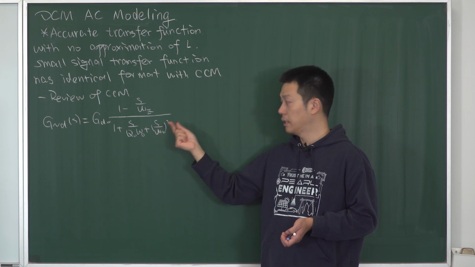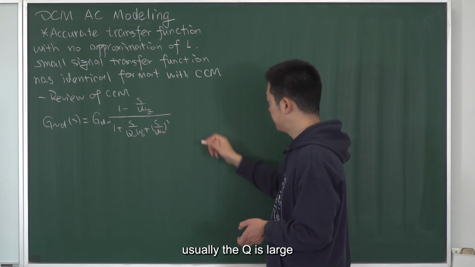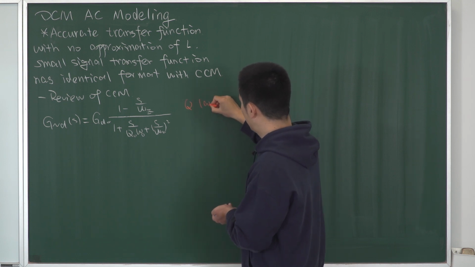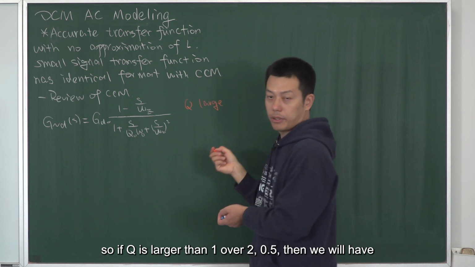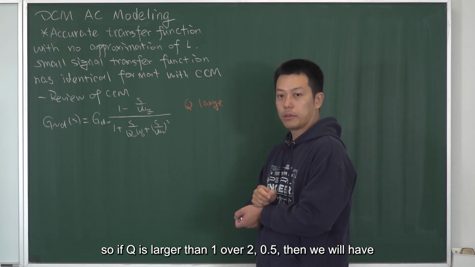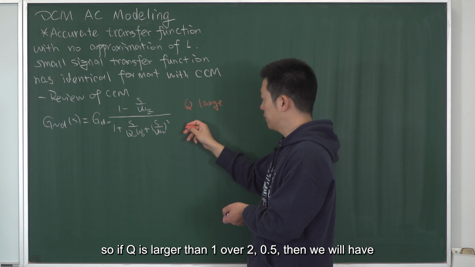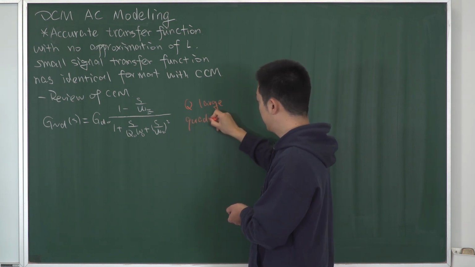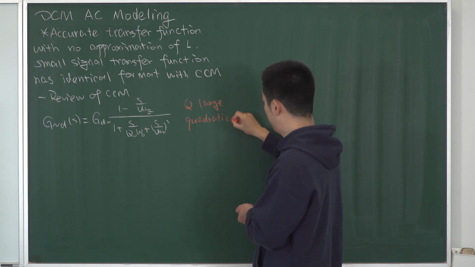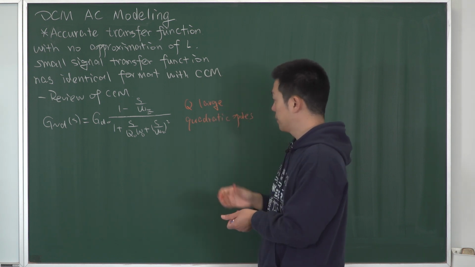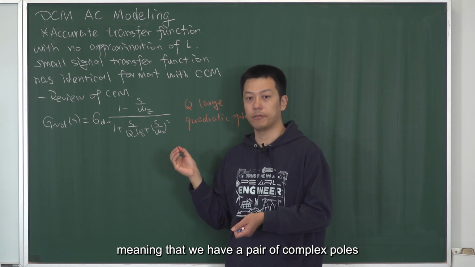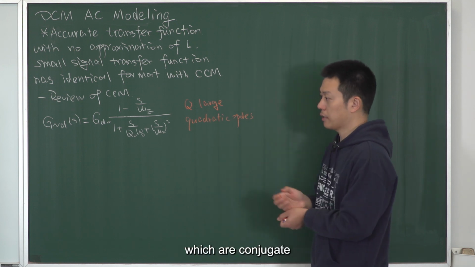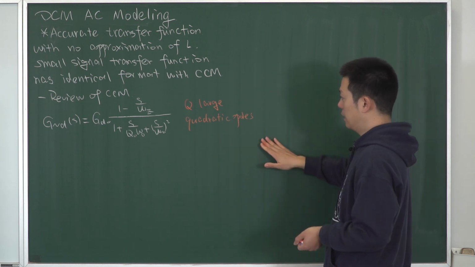A pair of poles. Usually the Q is large. So if Q is larger than 1 over 2, 0.5, then we will have quadratic pole response, meaning that we have a pair of complex conjugate poles.